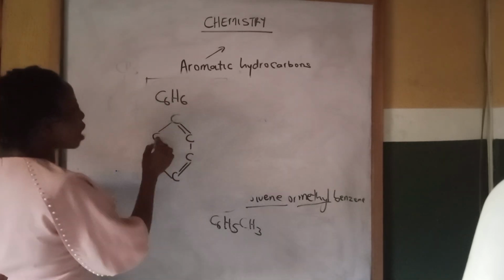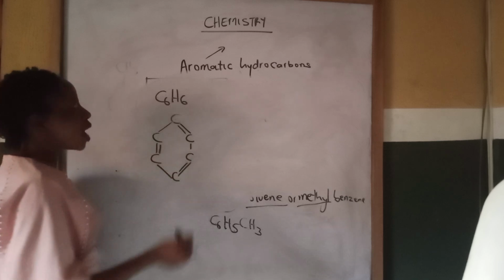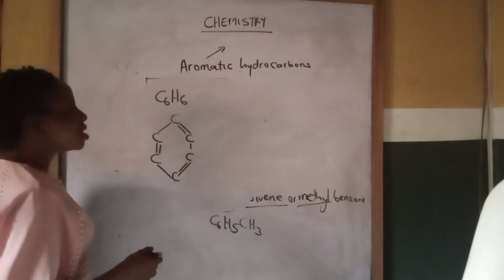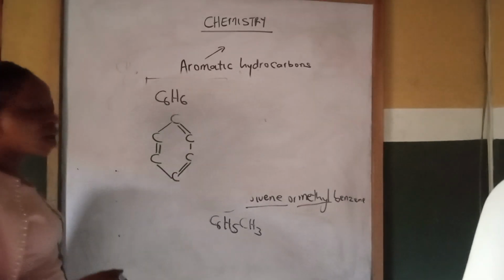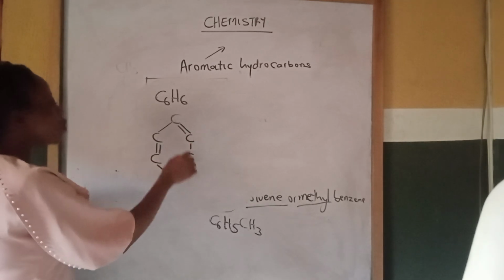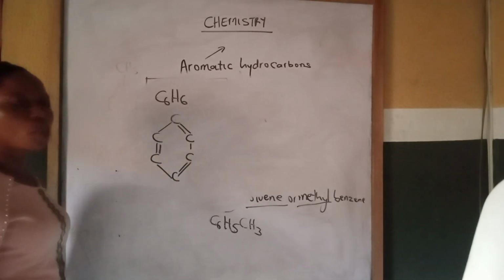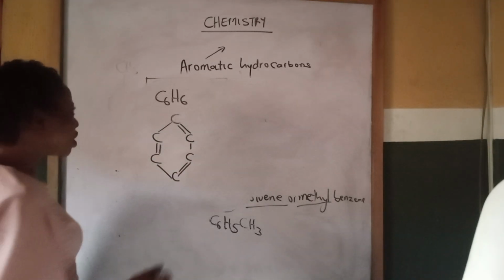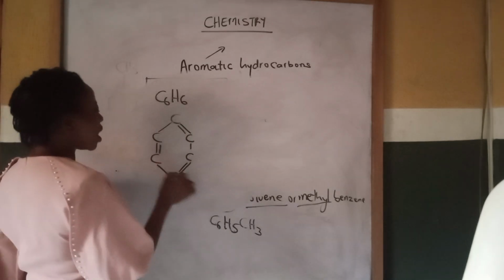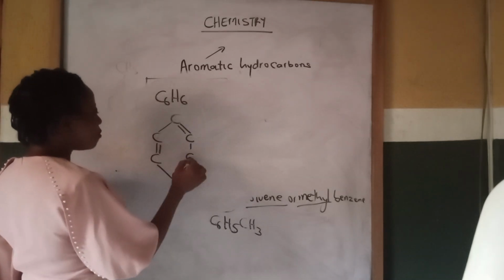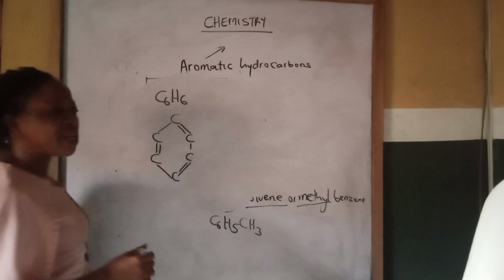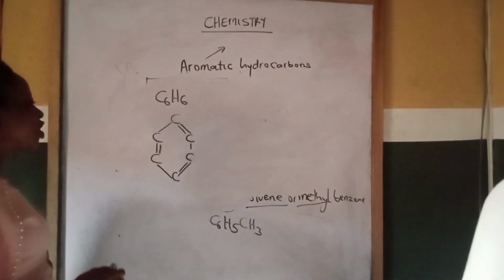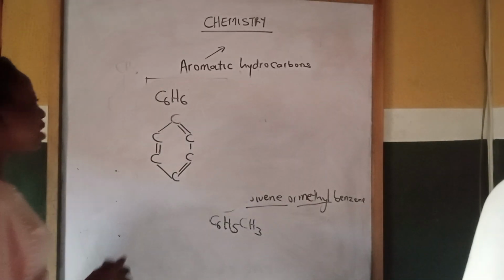Now, we have 6 carbon atoms because aromatic hydrocarbon, that is benzene, is an unsaturated hydrocarbon due to the presence of what? Of double bond. Due to the presence of double bonds in its structure, it is unsaturated. So we have 6 carbon atoms now, 1, 2, 3, 4, 5, 6. Then the structure of benzene is hexagonal in shape.